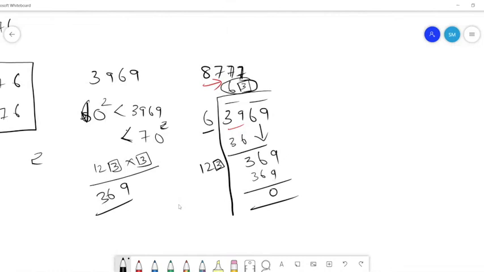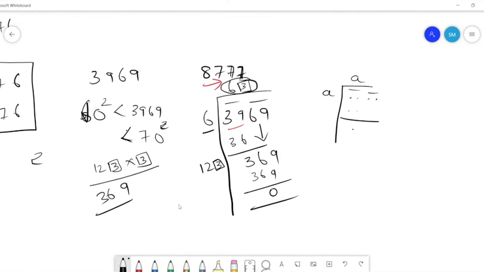Okay, now we'll just focus on a 4-digit number. Some 4-digit number we have, and we have found the first digit here, and we have got some remainder. So at least the first step is clear, right? Of why we are choosing the first pair of numbers.